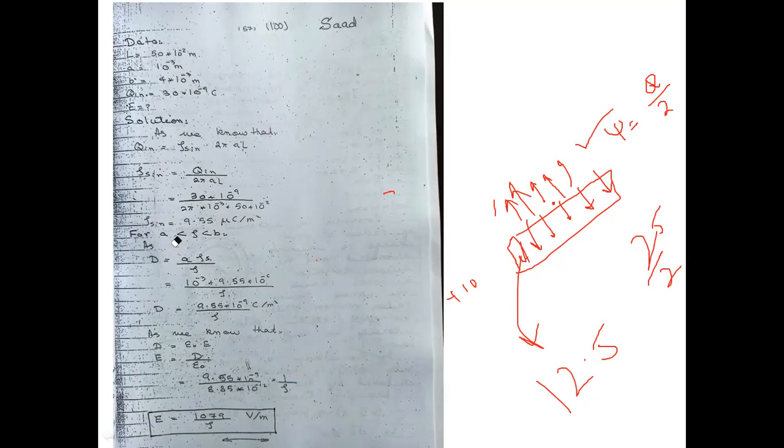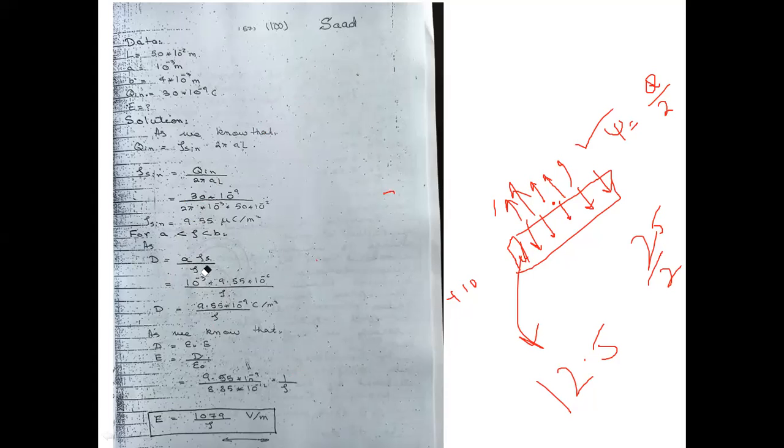Now we have to consider the point of observation in between a and b, so D is equal to a rho s over rho. This relation has already been proved previously. So a is 1 milli, rho s from here is 5.99, and rho is not given.